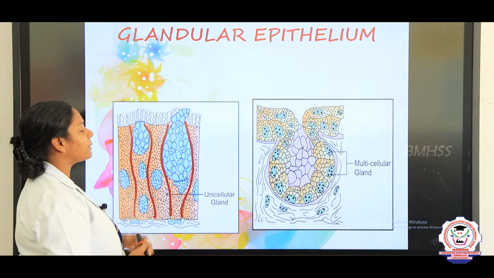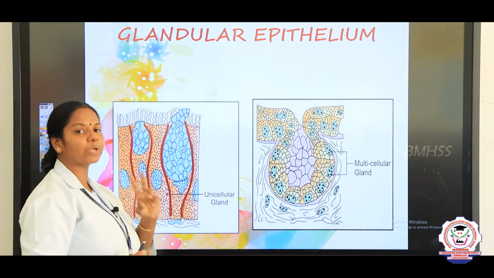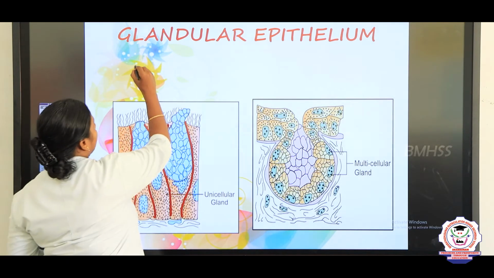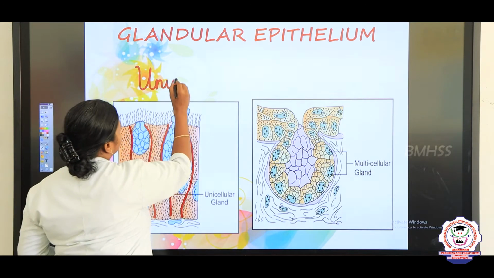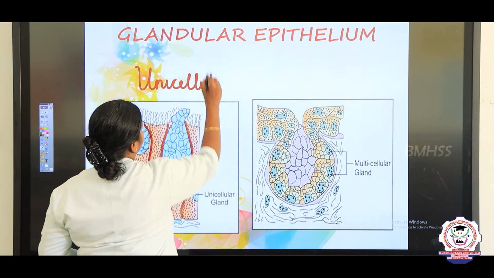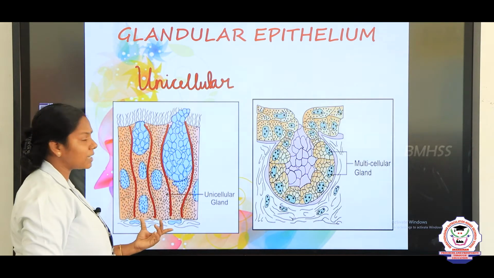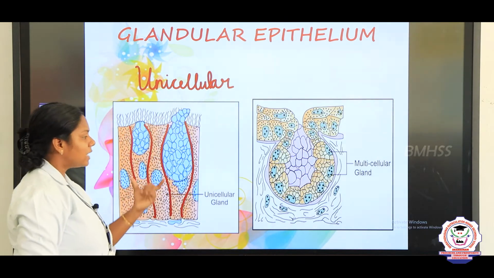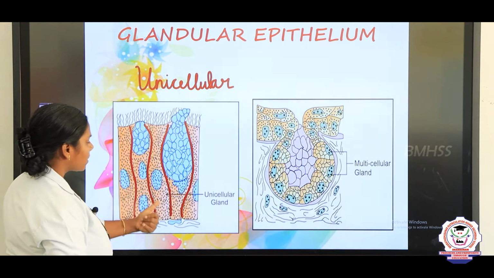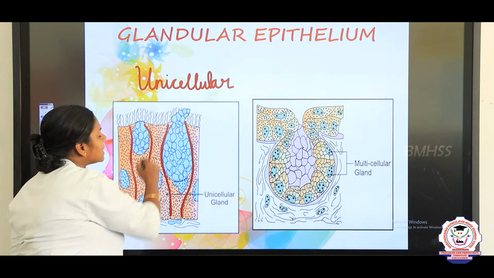So glandular epithelium may be divided into 2 categories. First one is unicellular. What is the first one, children? Unicellular. This is a unicellular glandular organ, where the gland is present in a single cell.